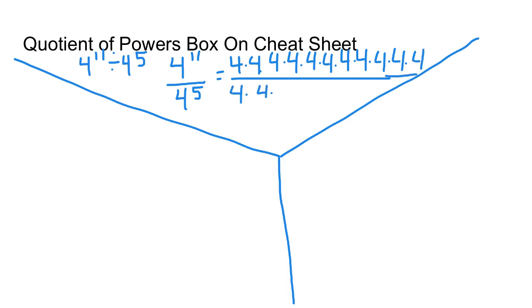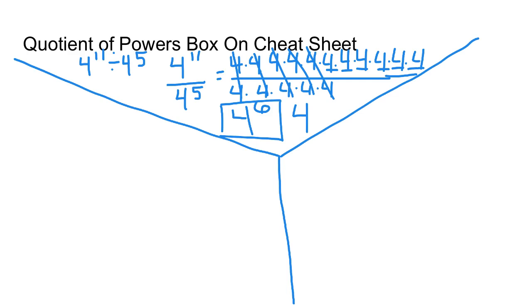If I go ahead and cancel the same thing on top and bottom, what is left over is my answer. 4 is being repeated, and there are 6 of them left. I could have used my rule that says keep my base, subtract my exponents.